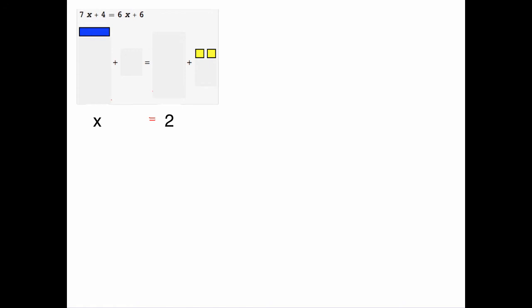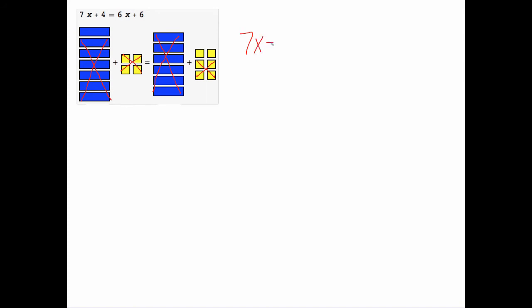Now looking at the problem using algebra, we have 7x plus 4 equals 6x plus 6. The first thing we did was cross off 4's from both sides, so that's like subtracting 4.